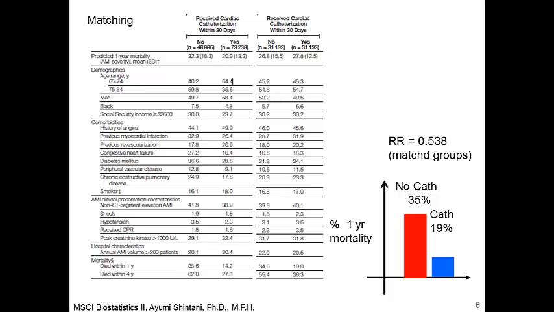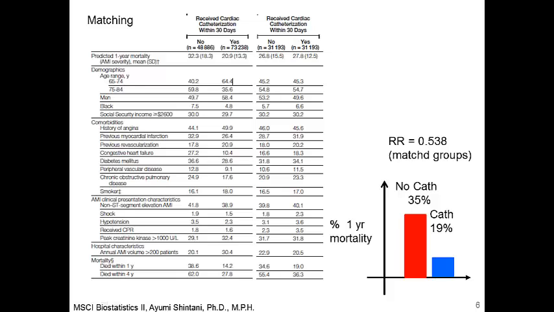Then they repeat the process for the entire 73,000 patients who received catheter. And then they end up having about 31,000 patients in each group. So this is one-to-one matching, so you have the same number of patients between the two groups.